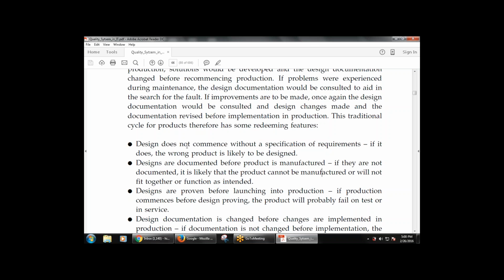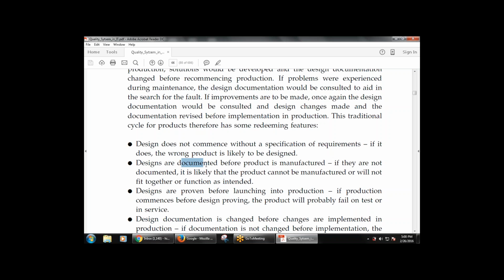So the main aim is to specify the requirement, otherwise the wrong product is likely to be designed. Then designs are documented properly before the product is manufactured. If they are not documented, it is likely that the product cannot be manufactured, will not fit together, or will not function as intended.